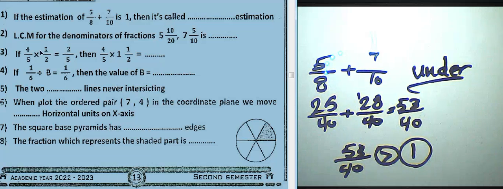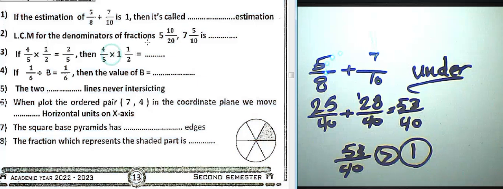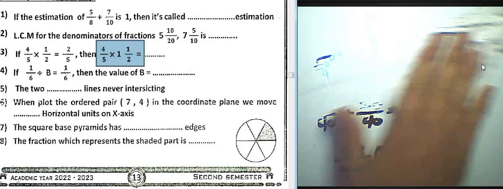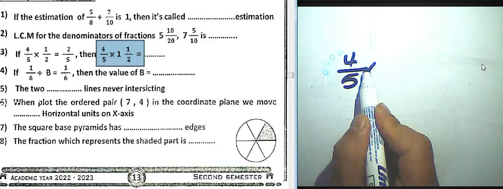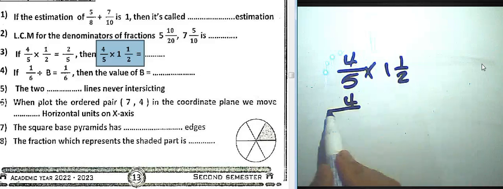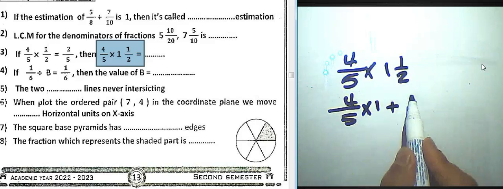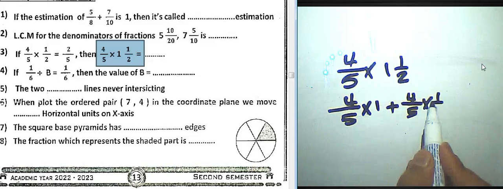Question 3. If 4 over 5 multiplied by half equals 2 over 5, then 4 over 5 multiplied by 1 and a half. We can use the distributive property. 4 over 5 multiplied by 1 and half is 4 over 5 multiplied by 1 plus 4 over 5 multiplied by half.